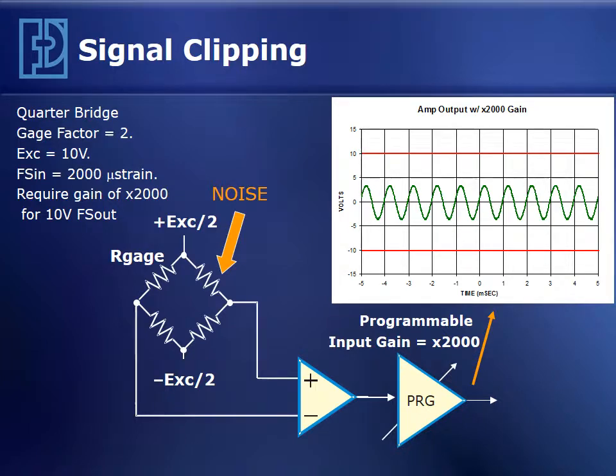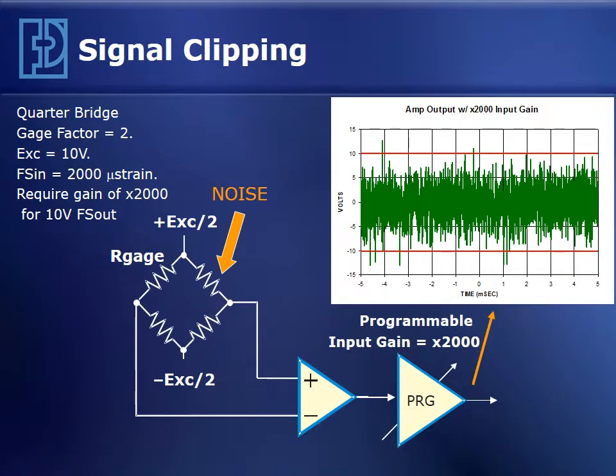But now if we subject the input wiring and sensor to noise, the noise riding on the signal, first of all, in the time domain, we can't even see our signal or really make it out. But we also notice that in our amplifier, which has plus or minus 10 volts of signal swing maximum, there's portions of this green signal trace that are exceeding the maximum signal swing of the amplifier.